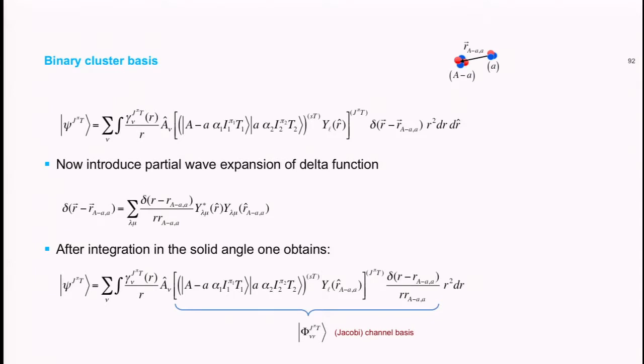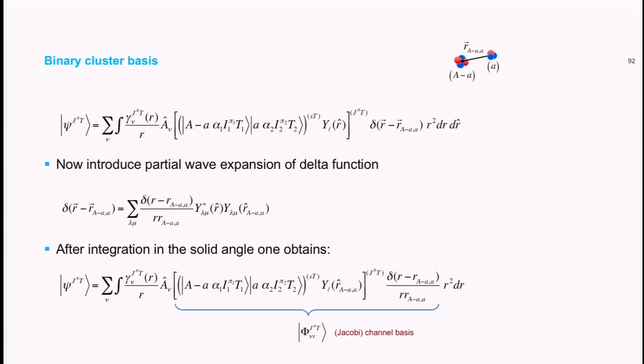If I do that, then I integrate over the angles, and that means I will get rid of this dependence on the r hat, and I will introduce the r which depends on the coordinates of the nucleons.